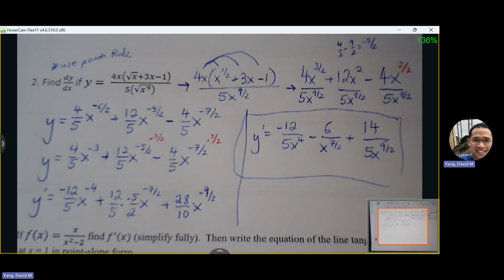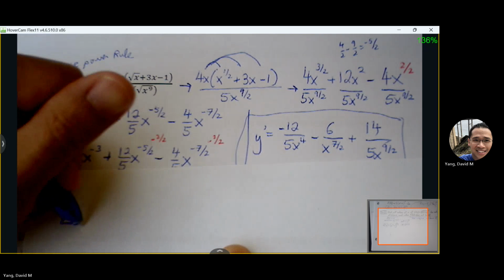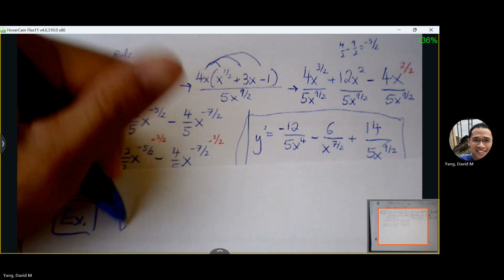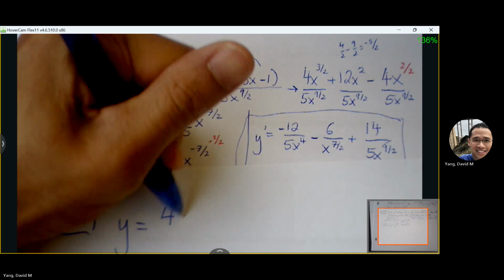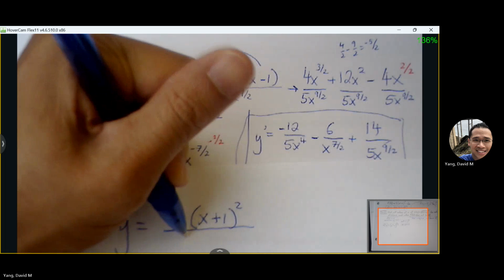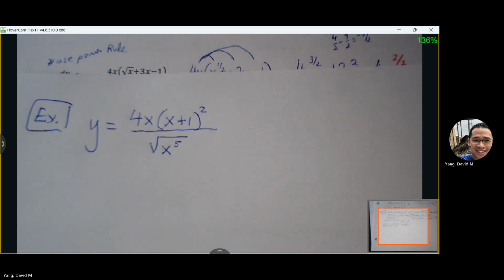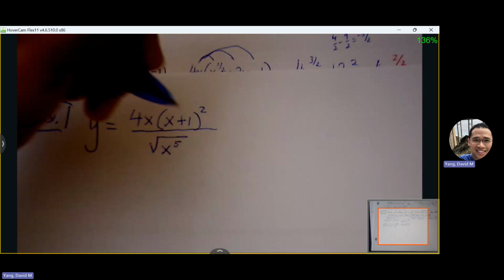If you guys can find another sheet of paper to write this down.